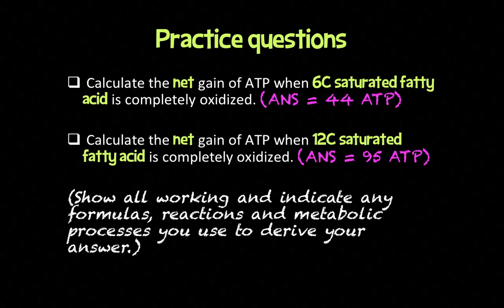Once you go through these steps, you're going to get the answer. I have even given you the answers. For the first one, you should get 44 ATP, and for the second, it should be 95 ATP. And remember, the answer itself is not that important, it's the journey. You need to show proper statements if you want to get all your marks. So please have a go at it.